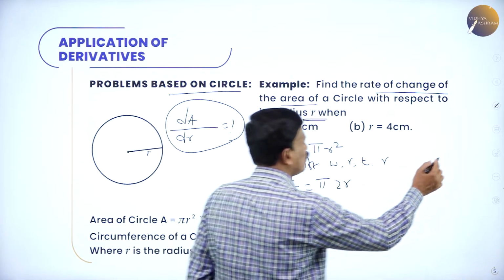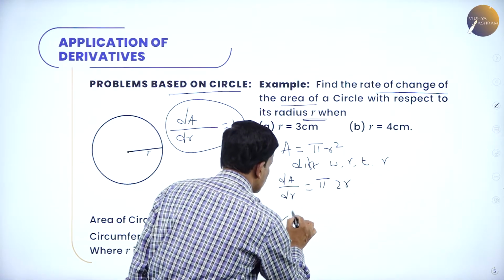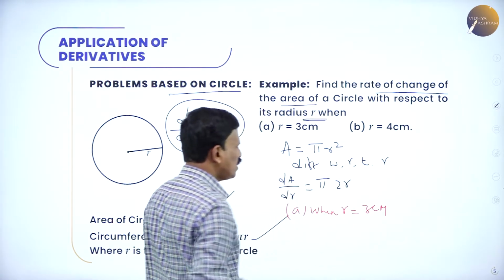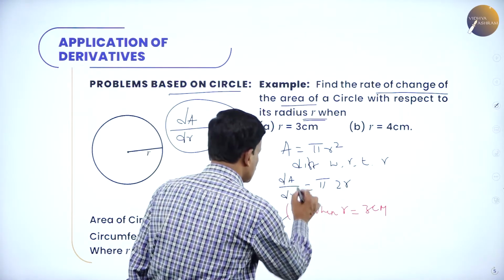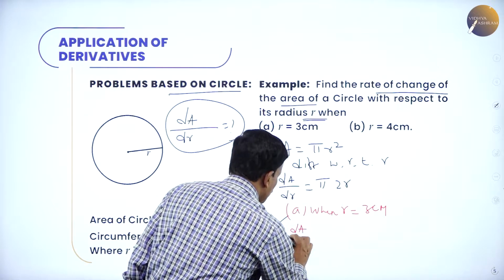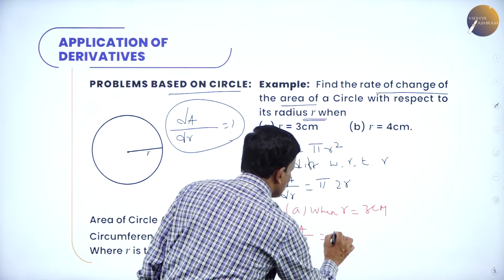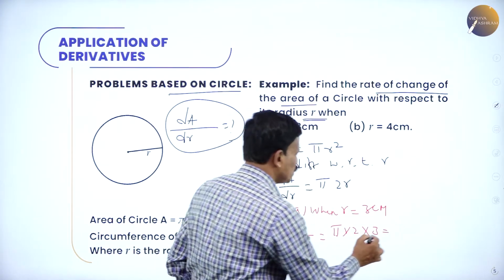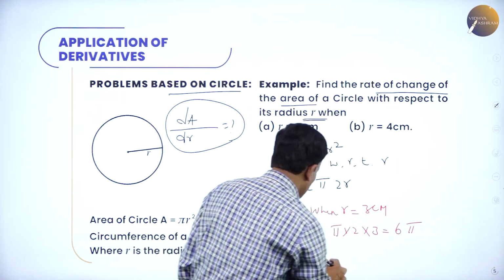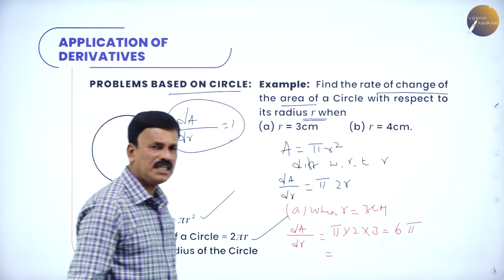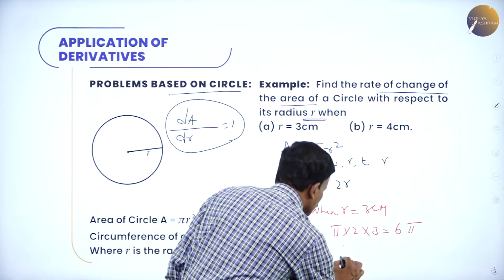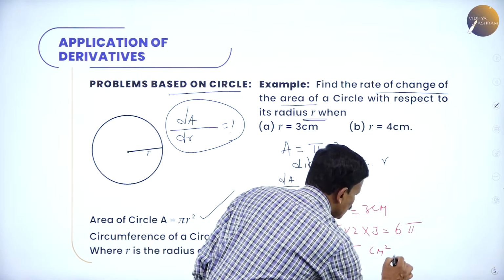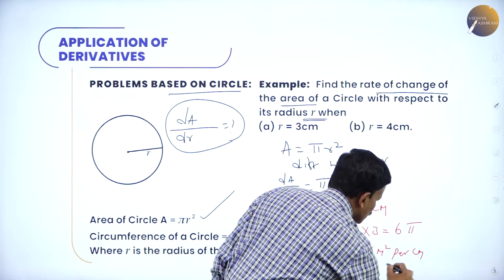Now just substitute the value. Let me take the first one. When r is equal to 3 centimeters, dA by dr is equal to pi into 2 into 3. So this is equal to 6 pi. Therefore the required rate is 6 pi centimeter square per centimeter.